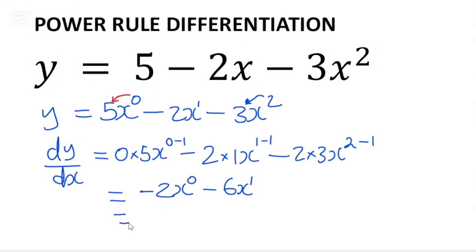So finally, the answer is going to be negative 2, because any number raised to the power 0 is 1, so negative 2 times 1 is negative 2. Then minus 6x, because x to the power 1 is just x. So this is the derivative.